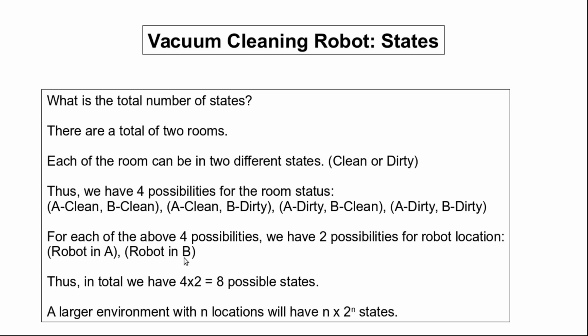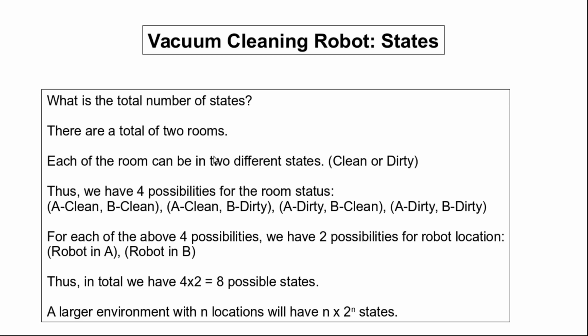And if we consider a larger environment with n locations, then the total number of states will be n into 2 to the power n. So why will it be n into 2 to the power n? That's because we have n rooms, and each of the rooms has two possible values.